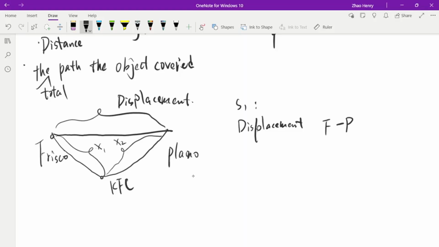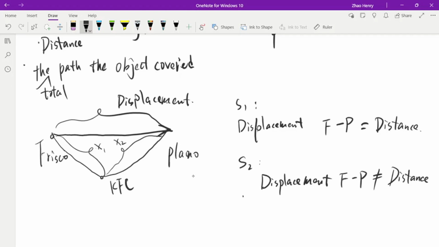It is also equal to your distance. However, in the second situation, I will just use S2. Your displacement is still F2P, from Frisco to Plano. Oh, by the way, this is a vector, Frisco to Plano. But it is no longer equal to the distance.